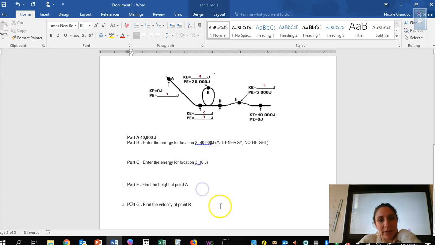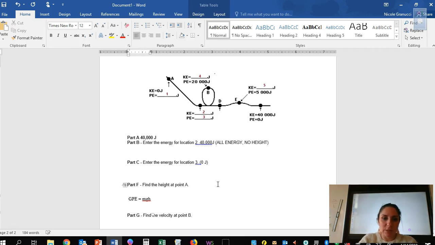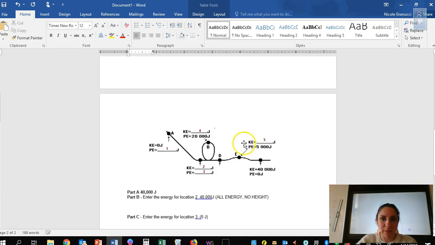And then finding the height for part A comes from looking at the diagram. Height comes from GPE, mgh. So at part A, the energy there was 40,000. All of the energy is equal to mgh.